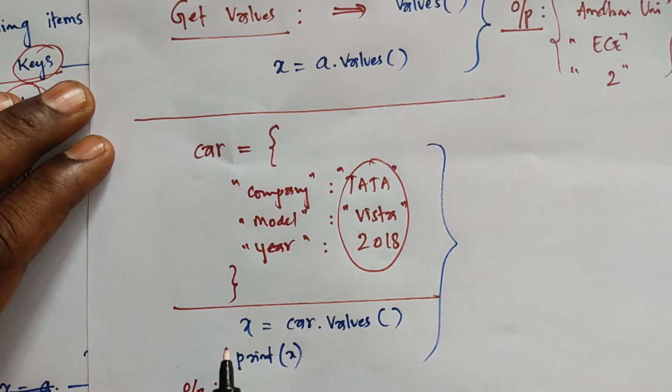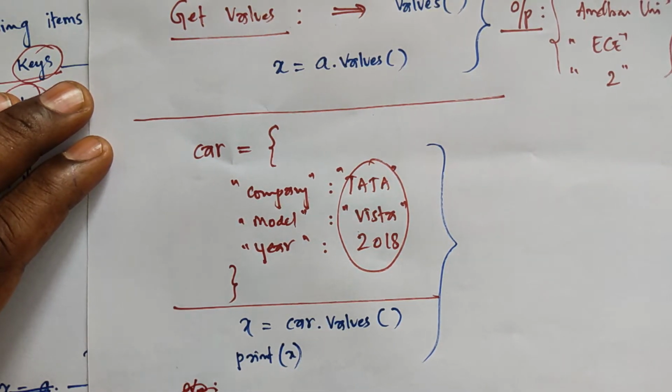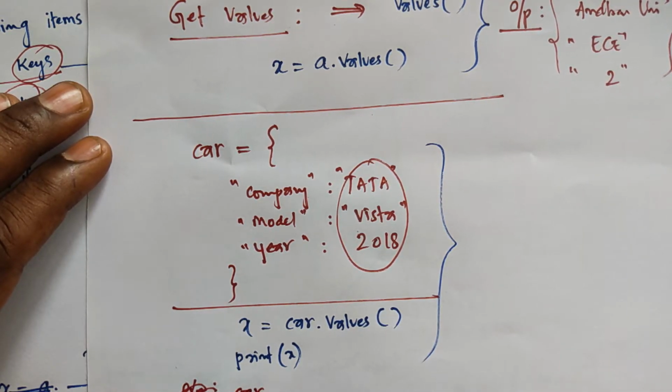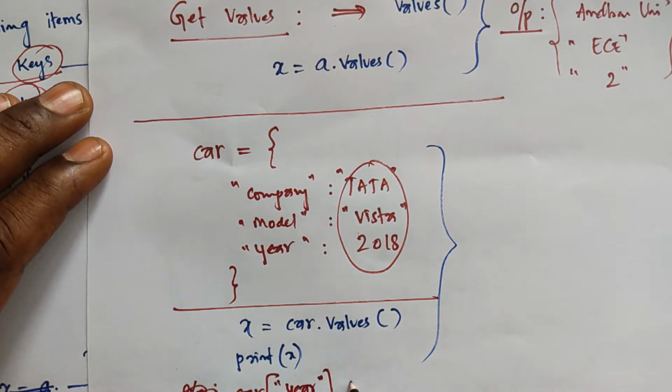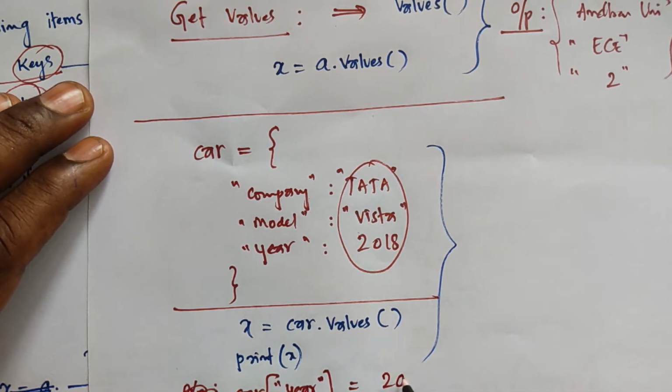Now if you want to change the year of the car, you change the actual year to 2020, then you write print of x.